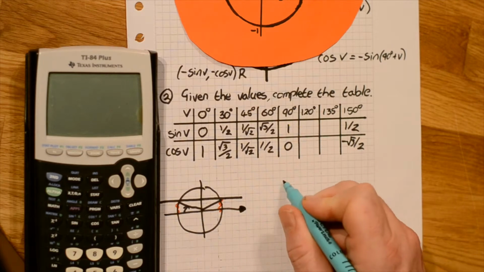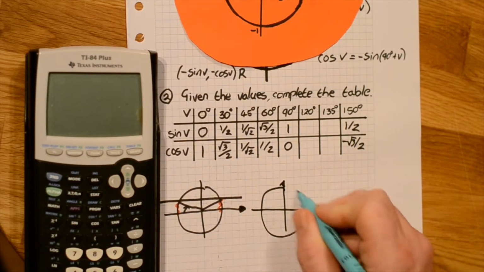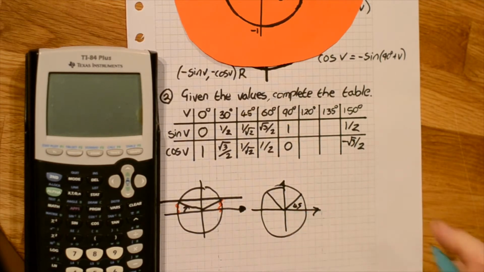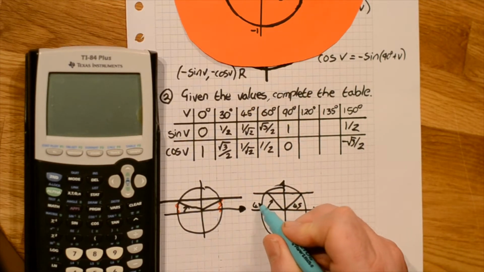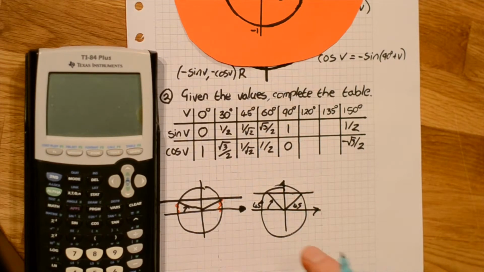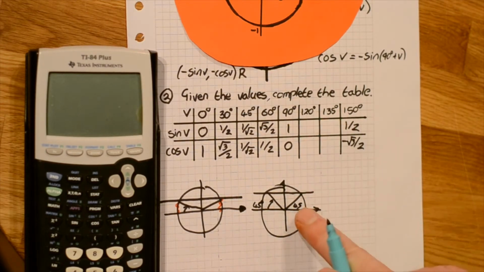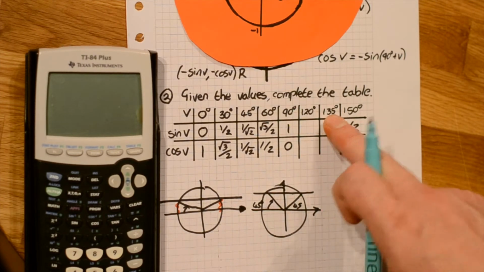Let's do another diagram for 45 degrees. Here at 45 degrees, we draw a horizontal line. We can see that if we move 45 degrees backwards from 180, we'll come to 135. That means that the sine of 45 degrees and the sine of 135 have to be the same.